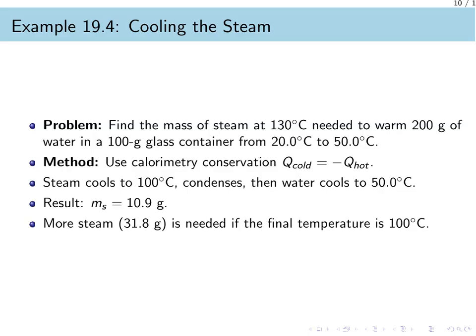The steam must first cool to 100 degrees, then condense into water, and finally cool as a liquid to 50 degrees. By accounting for the energy in each of these three steps, and setting them equal to the energy gained by the container, we find that 10.9 grams of steam are required. If the final temperature were higher, even more steam would be necessary.